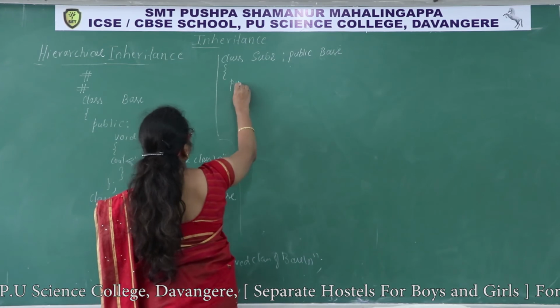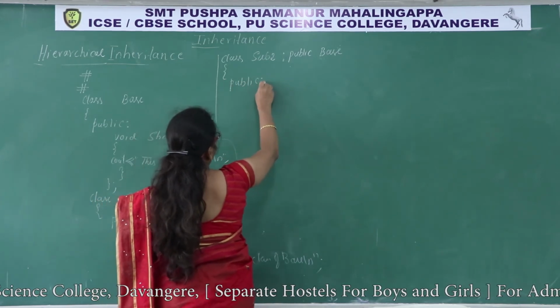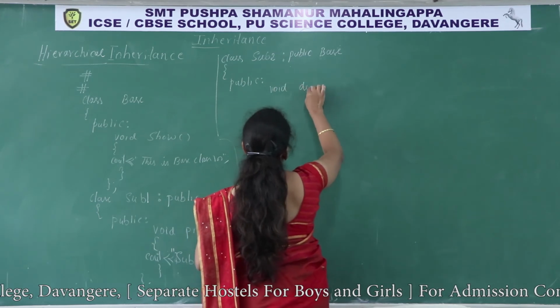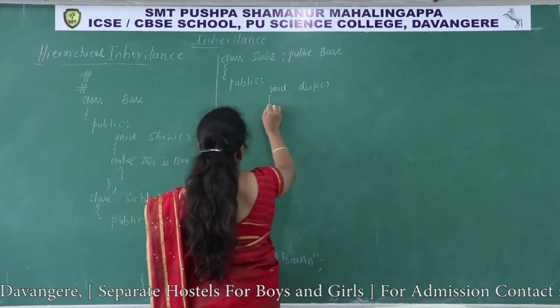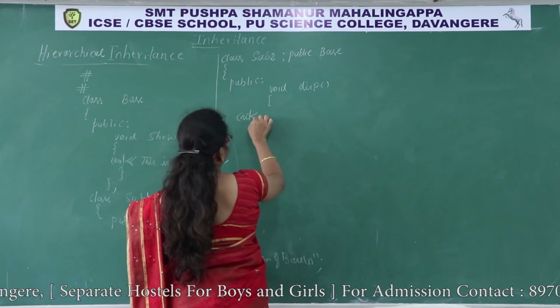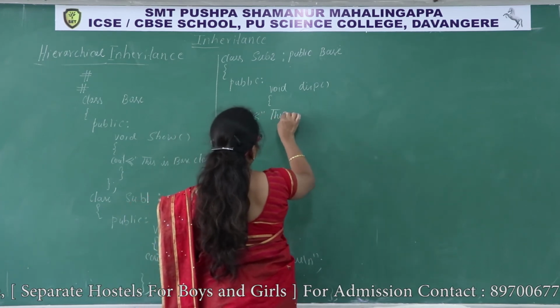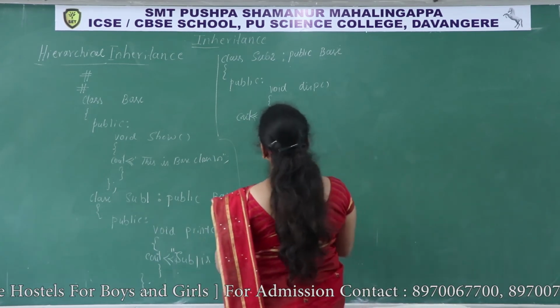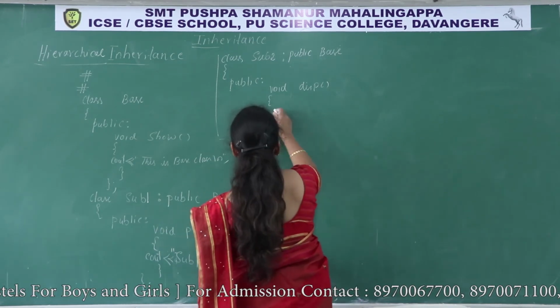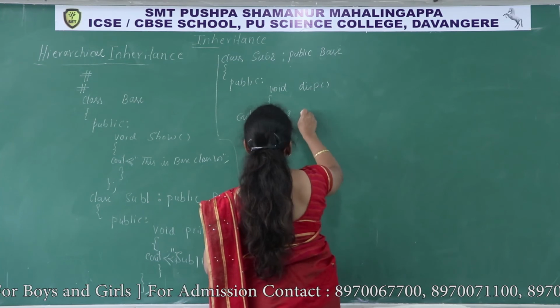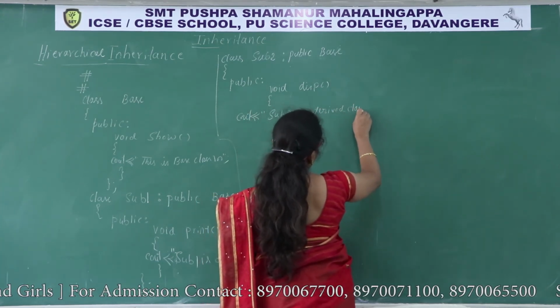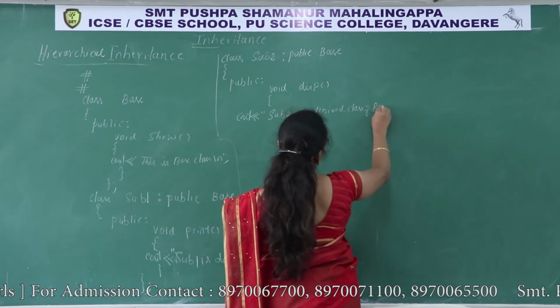The public section, name of the function I'll take disp, void disp, cout. This is, sorry, sub 2 is a derived class. Sub 2 is derived class of base.